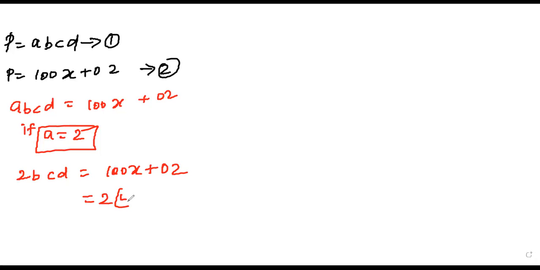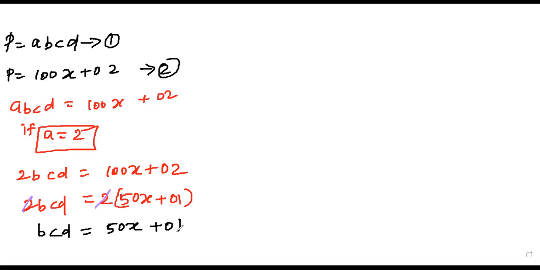Try to take the 2 outside of it. It's going to be 50x plus 01. You will have 2BCD, so 2 and 2 will cut. BCD is equal to 50x plus 01.